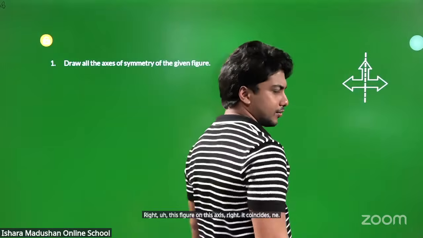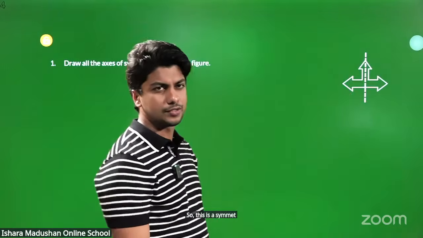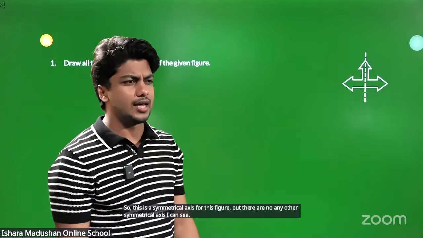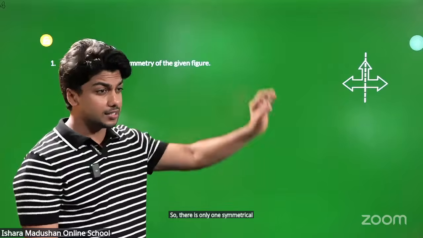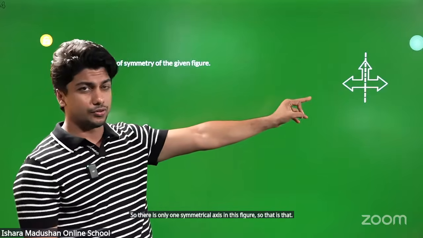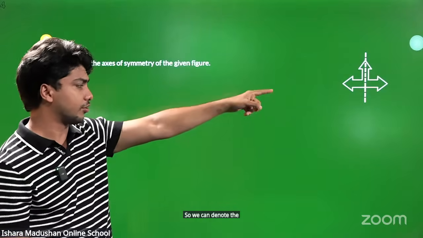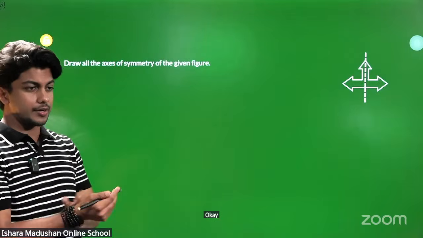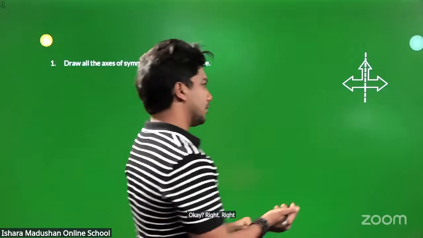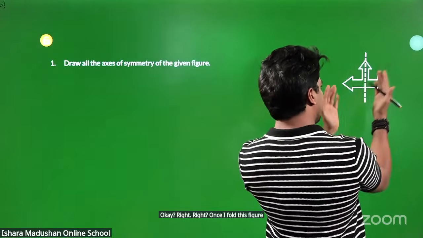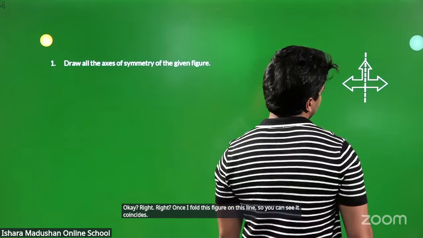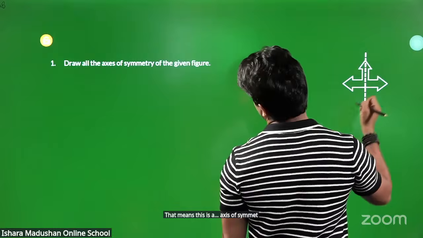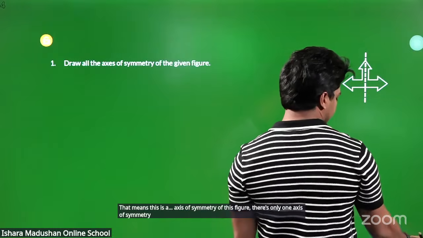So this is an axis of symmetry for this figure, but there is no other axis of symmetry I can see. So there is only one axis of symmetry in this figure. We can denote the axis of symmetry on this figure like this.